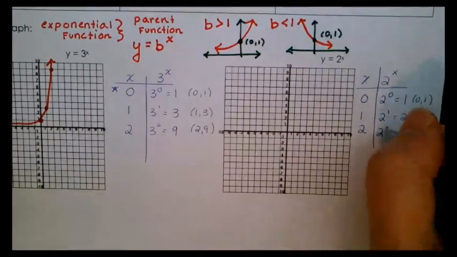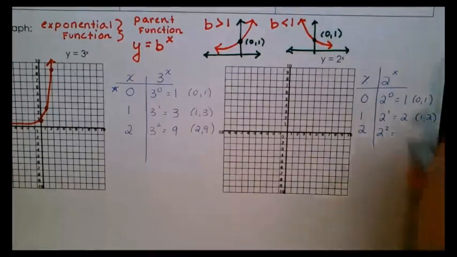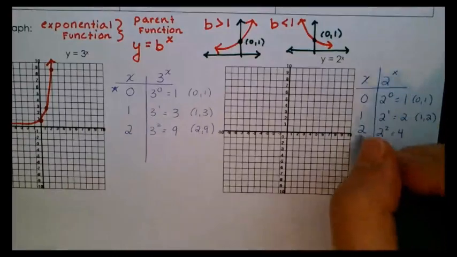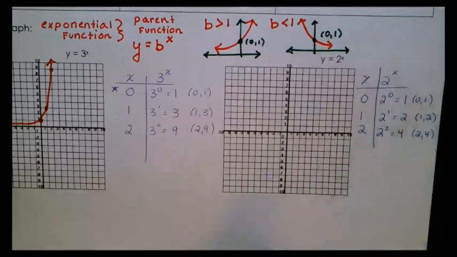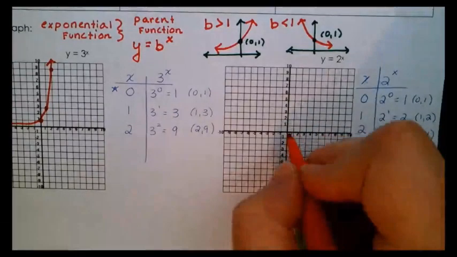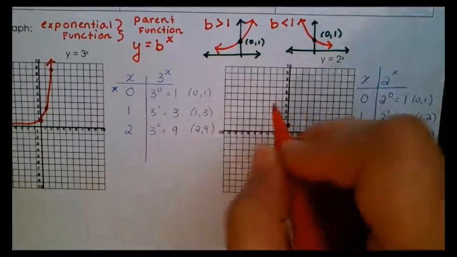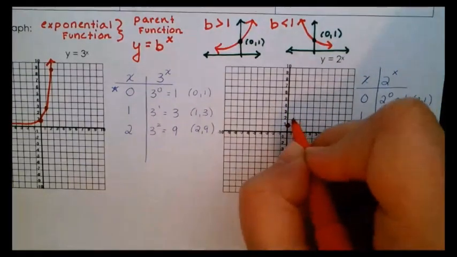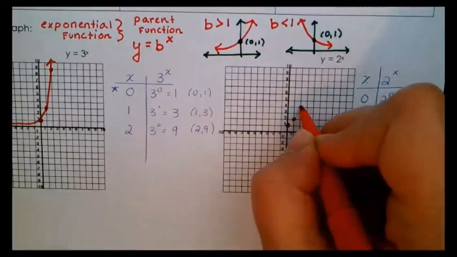Plug in 2 for your x. 2 squared is 2 times 2, so it's 4. So 2, 4 is my last point. And I'm using these just to create a rough sketch. Putting my first y-intercept of 0, 1. Then I'm going to have 1, 2. And then the last one, 2, 4.